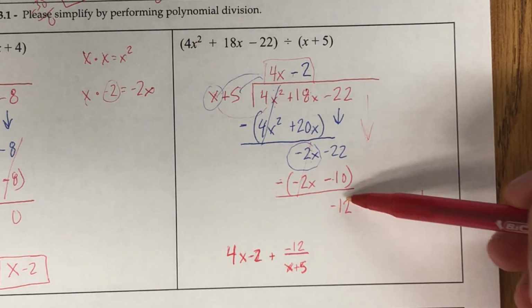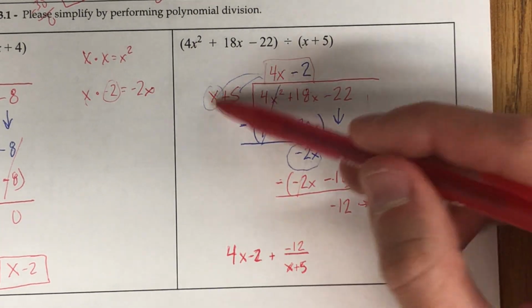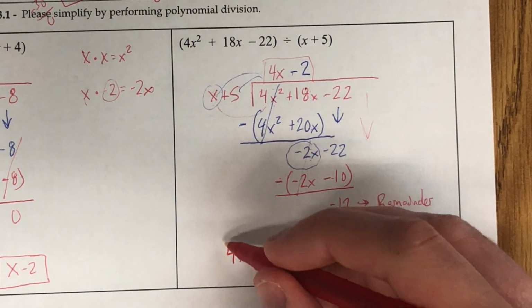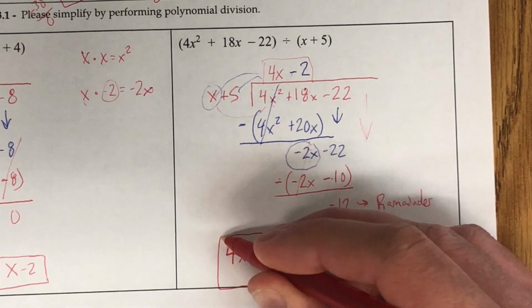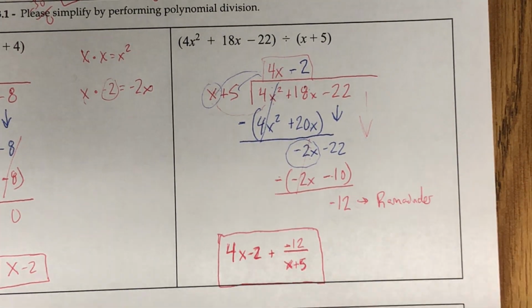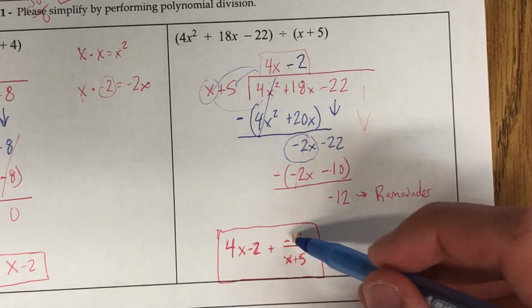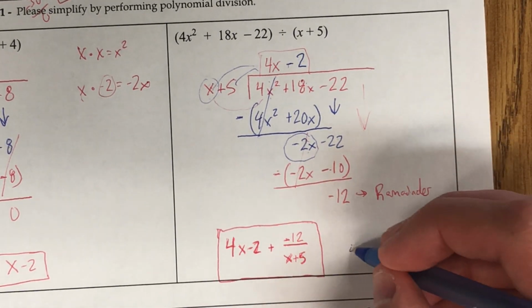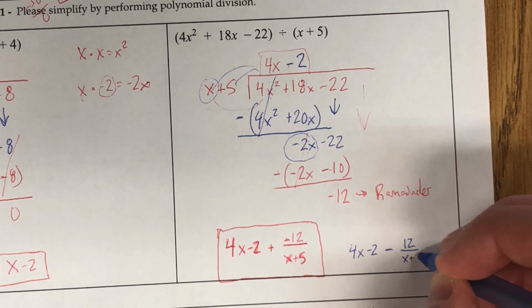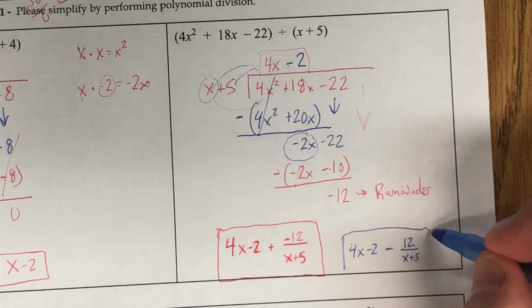That's what's left over, because this is the piece that still hasn't been divided by x plus 5. So this would be our final answer, with that negative 12 over x plus 5 as our remainder. And I should note, since this negative is there, you could also write it as minus 12 over x plus 5, like so. Either way would be acceptable.